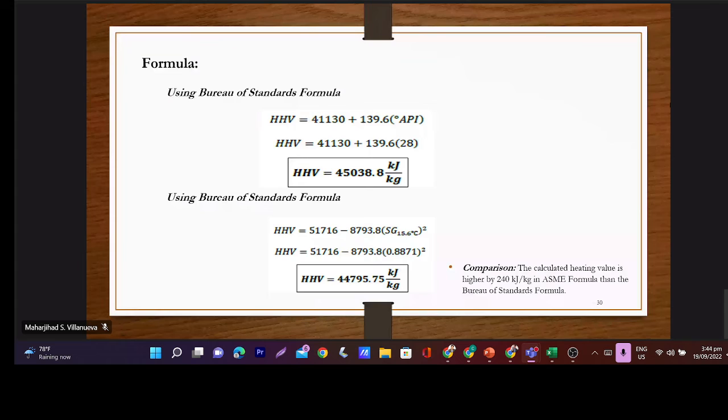Nakuha po to dun sa mga previous slides po, sa slides po sa banda po kay Paul. Tapos yung sagot po, heating value is equals to 44,795.75 kilojoule per kilogram. May difference po sila na 240 kilojoule per kilogram.